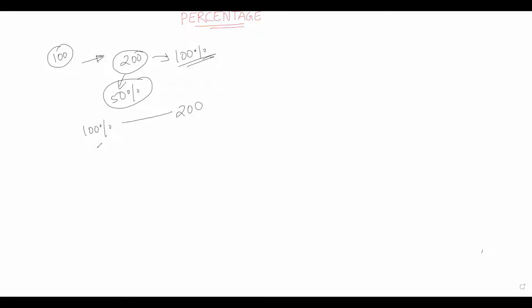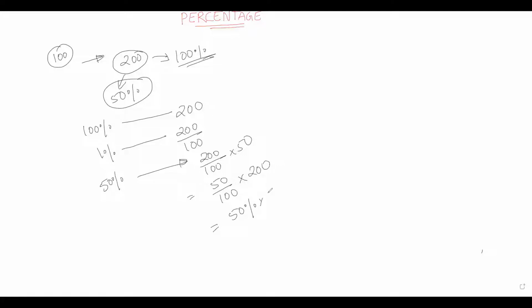So I can say that 1% would be 200 by 100 simply by using the unitary method. Now, if I want to find 50% of the same number, this would be 200 upon 100 into 50. Now I can rewrite this as 50 upon 100 times 200, which can be rewritten as 50% of 200.